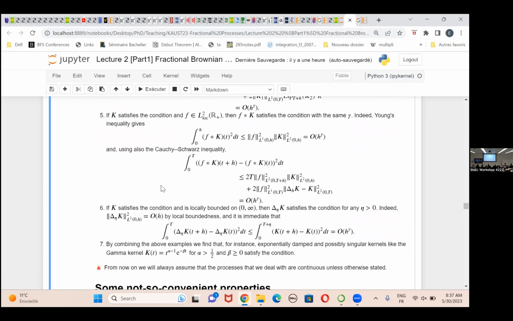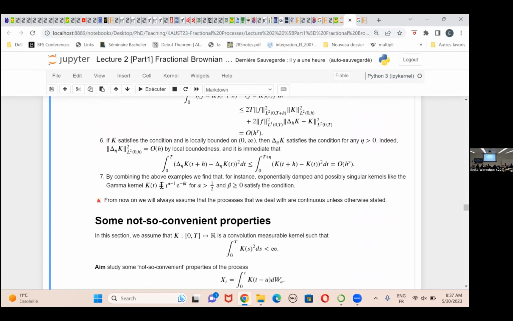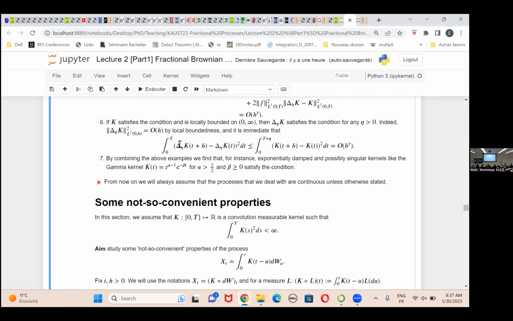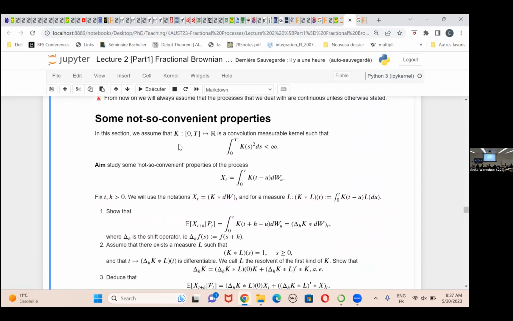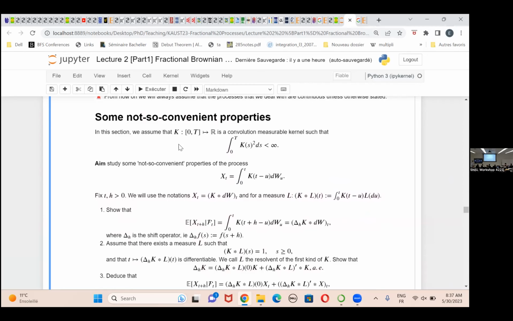So you have Gaussianity and continuity. Now let's look at some not so convenient properties. For this, we'll do some of the computations together, just to gain some intuition on this process.